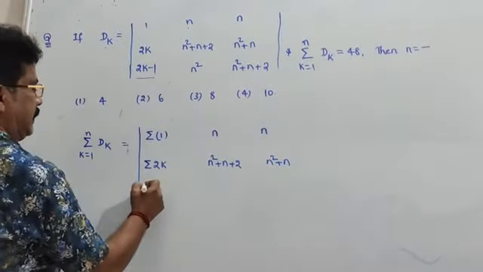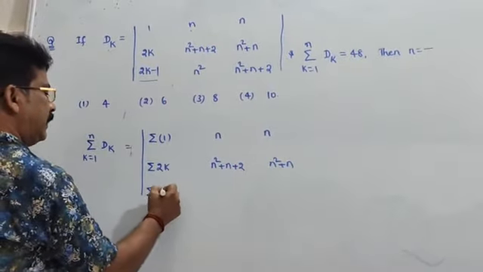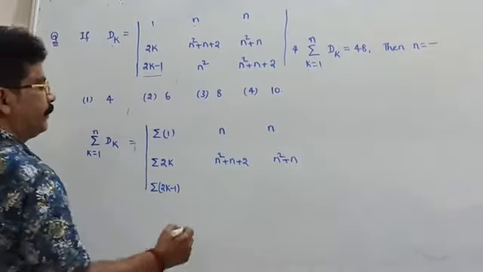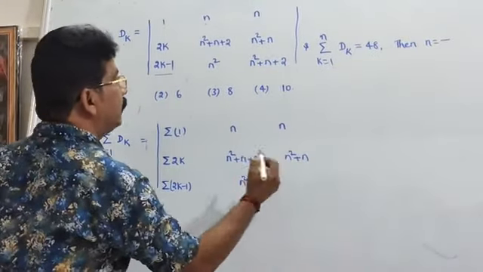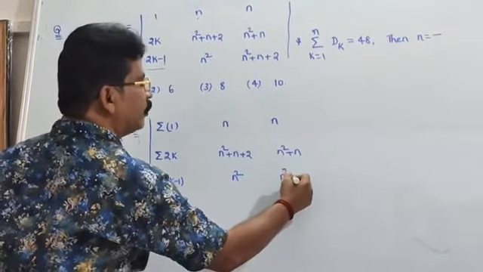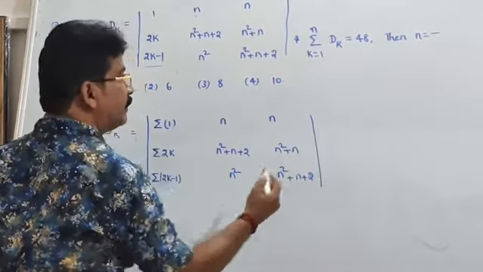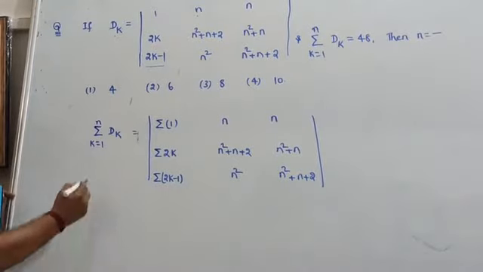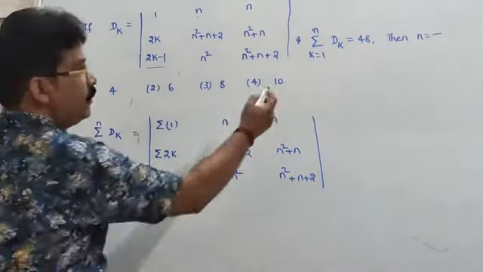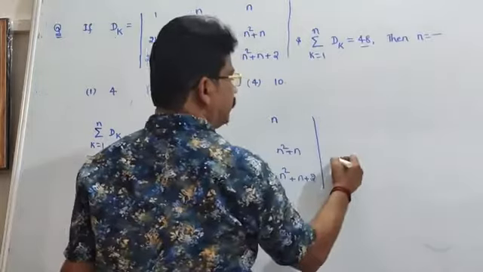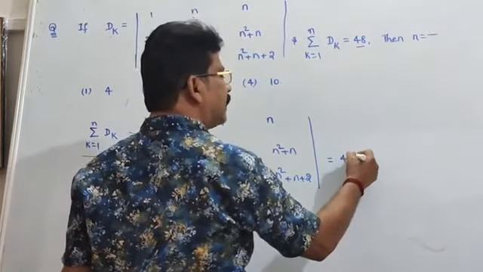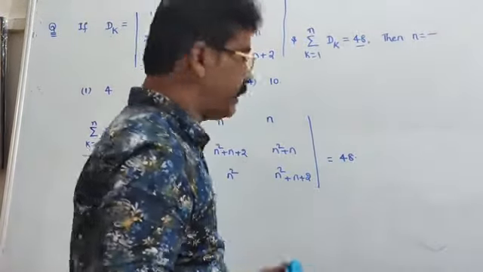Here sigma 2k minus 1, n square plus n plus 2, n square plus n, 2. Actually this sigma dk value is 48. So that is equal to 48 according to the given equation.